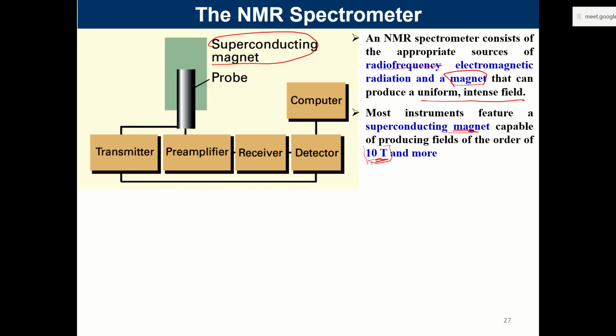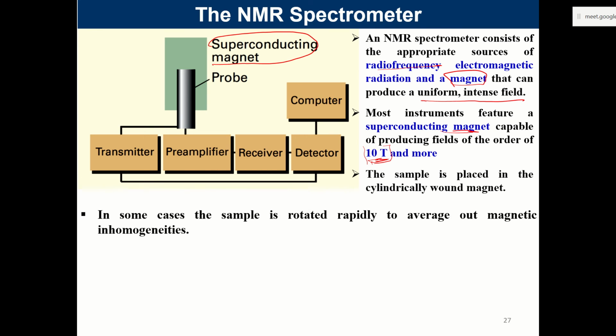Remember, in EPR we are able to get a useful signal at almost 0.3 Tesla. Here we have to put in more effort, because the signal will be very weak. If you use a magnetic field of lesser strength, then it will be a much weaker signal in the detector, and nothing significant can be analyzed.